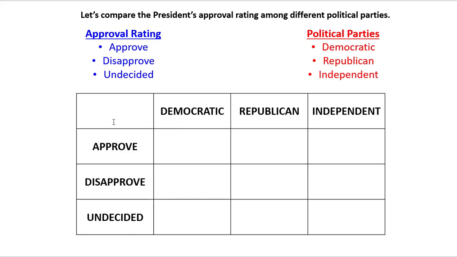We can have each row represent one of the choices for approval rating, and then we can have each column represent the different political parties. So expressing it this way kind of clears up some of the confusion and still represents the intersections for each approval rating and political party.